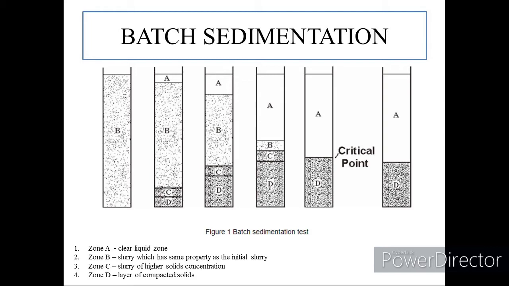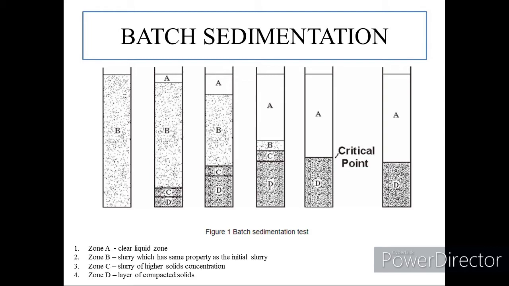For the second cylinder, we now have the zone A, zone B, zone C, and zone D. Ito na, nag-start na siyang mag-move yung particles natin. Nag-start na siyang mag-settle at the bottom of our cylinder. Pero slightly settling pa lang itong second cylinder. On the third cylinder, you can see the movement of the particles.